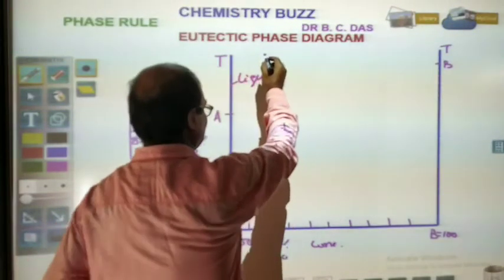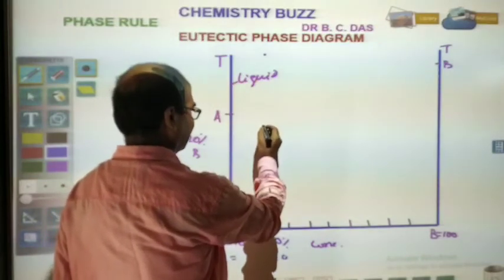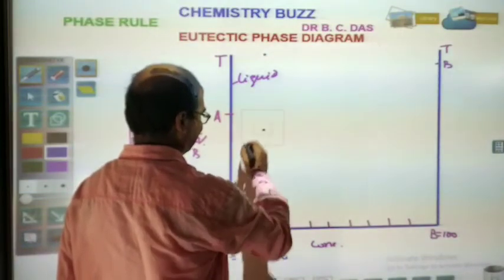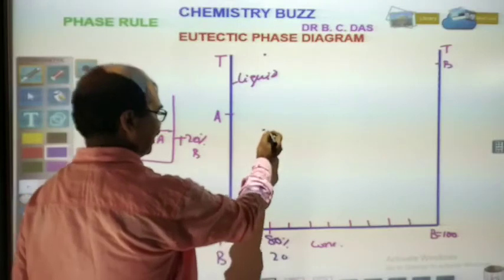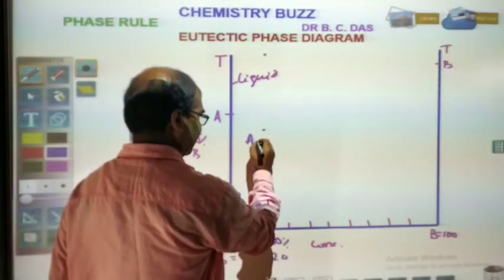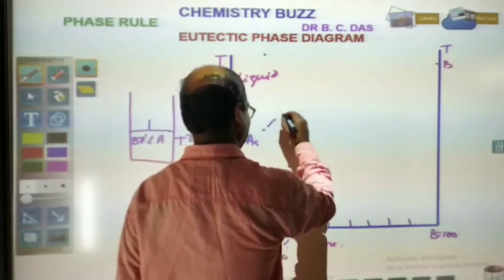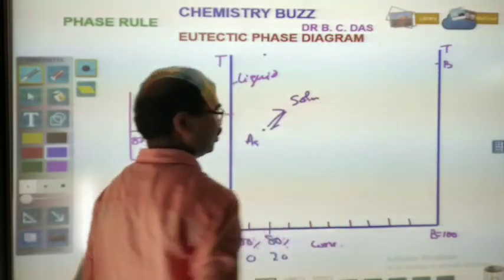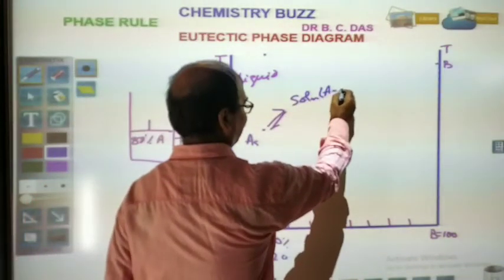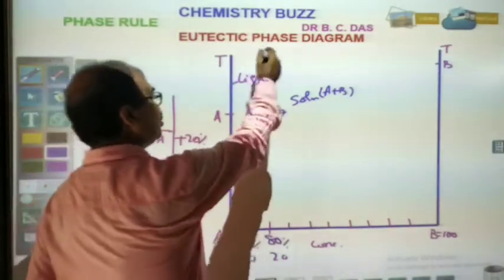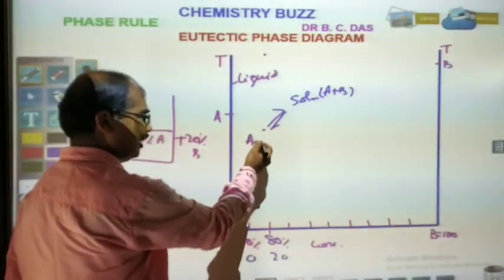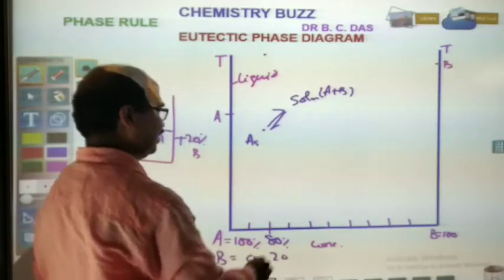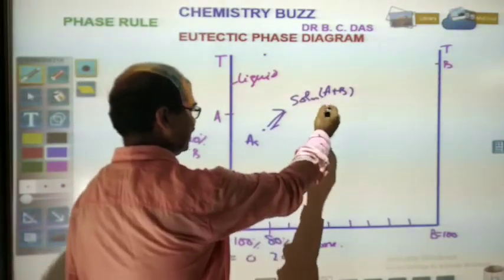At this point we start cooling, and cooling and cooling. Then A starts separating. Solid A is formed, and here the equilibrium is maintained between solid A and the solution of A and B. From the solution, some amount of solid A is separated, so the weight of the solution is changed, and in the solution the amount of A is decreased.